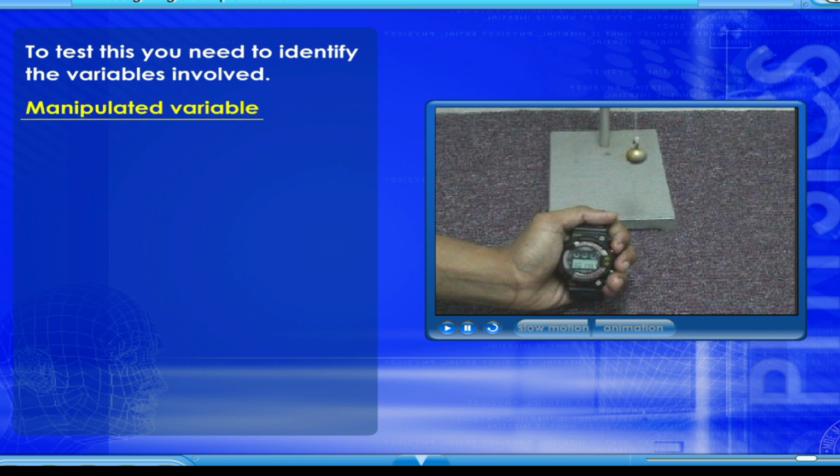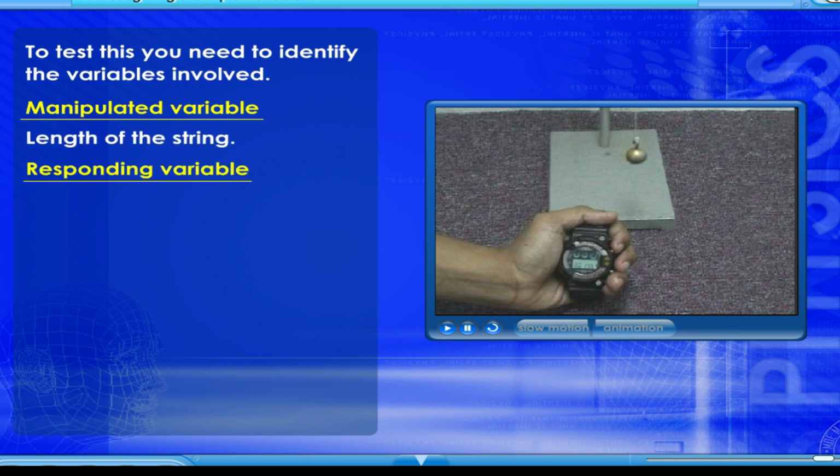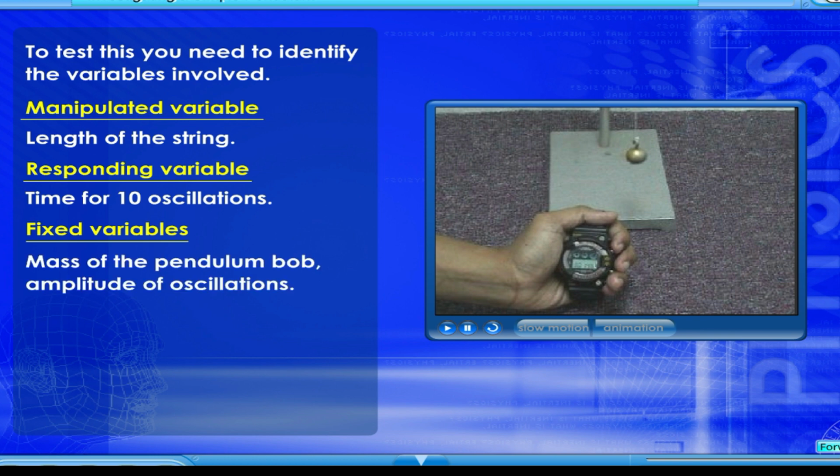What do you change? Length of the string. What do you measure? Time for n oscillations. What do you keep the same? Mass of the pendulum bob, amplitude of oscillations.